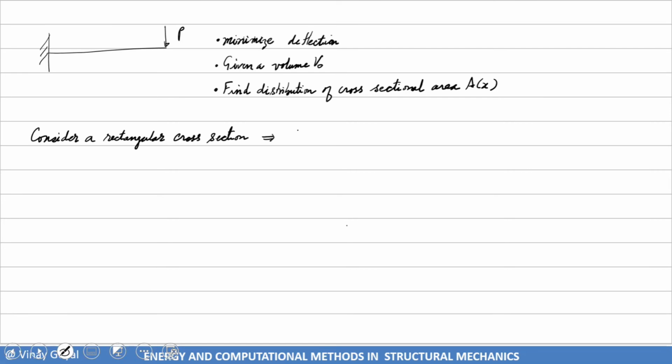If this is height h and the width is b, the moment of inertia becomes 1/12 bh cubed. I can also notice that area is b times h. And I want to be able to parameterize everything so it's easy to follow, if you will.